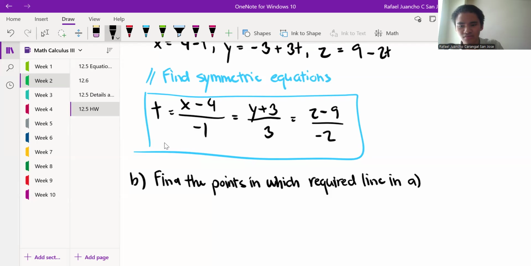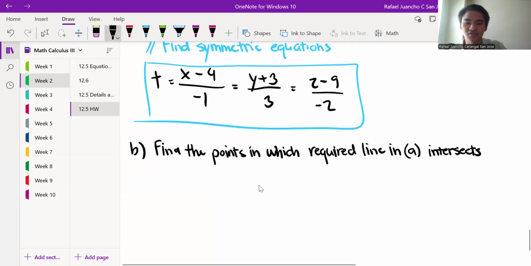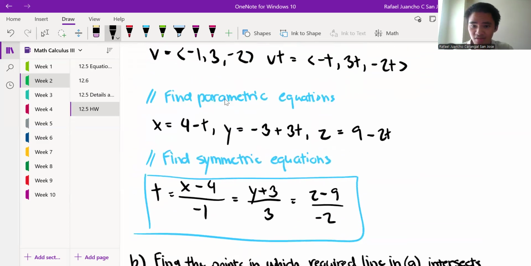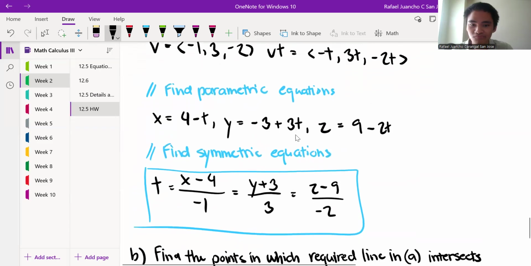So when does it intersect the planes? We want to find particular points based on these parametric equations, right?